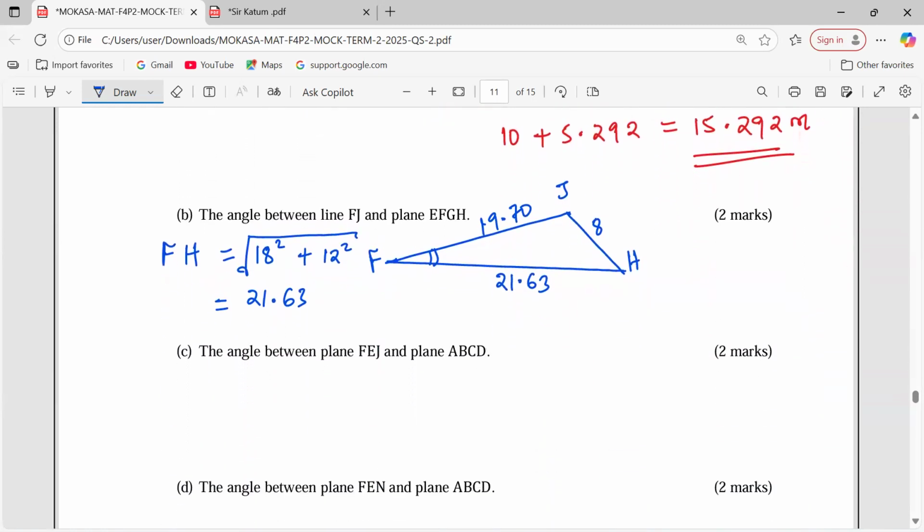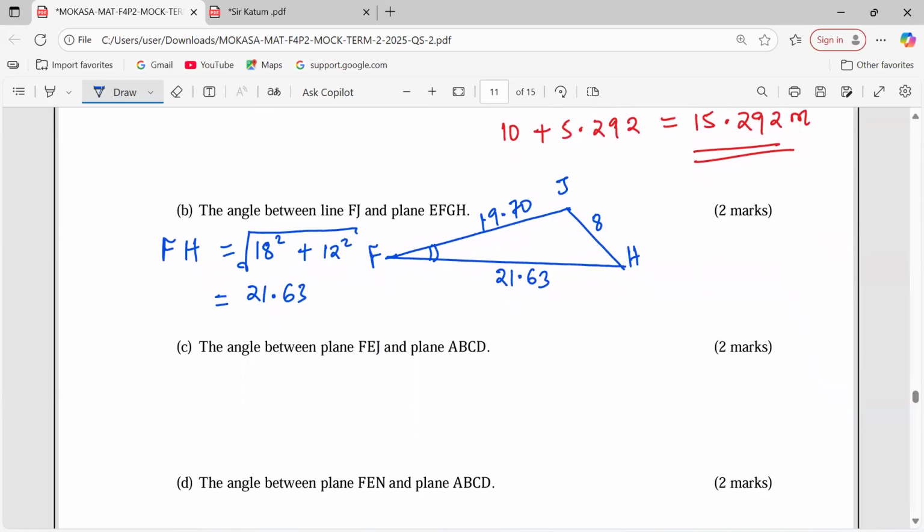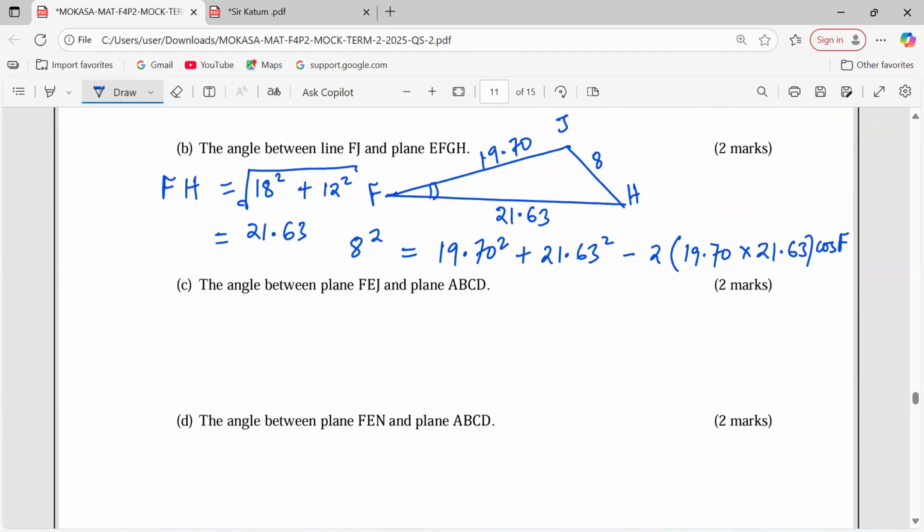Thereby saying 8 squared equals 19.70 squared plus 21.63 squared minus 2 times 19.7 times 21.63, the cosine of the angle at F, according to the cosine rule. So we square this, get 388.